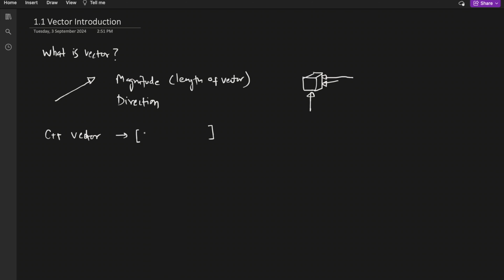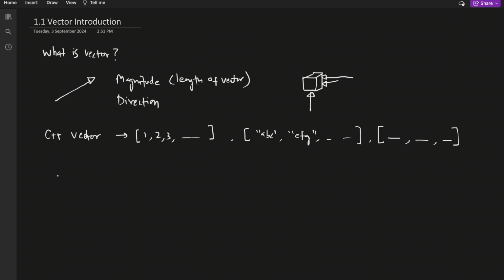For example, it could be a list of integers 1 2 3 and so on. It could be a list of strings as well, like a b c e f g. It could be a list of custom objects, maybe objects of a class. So anything basically. A vector in C++ is a list of some objects, right?